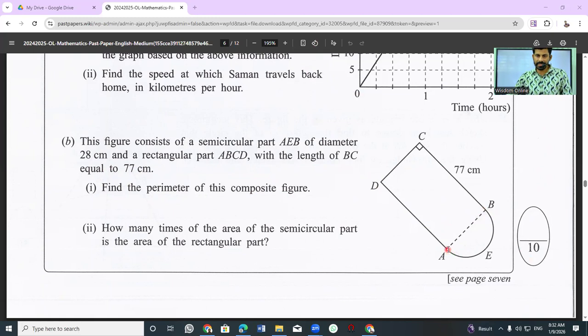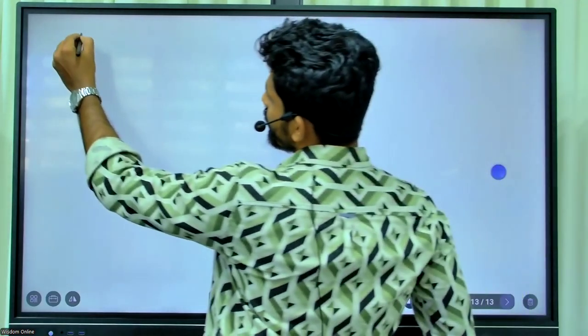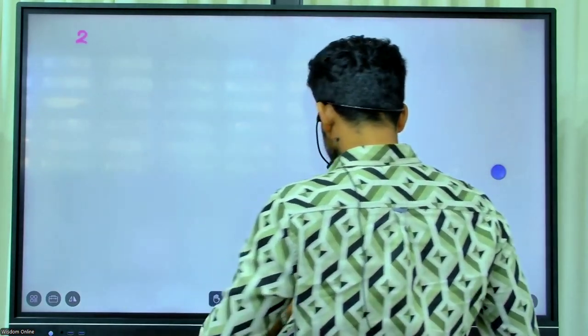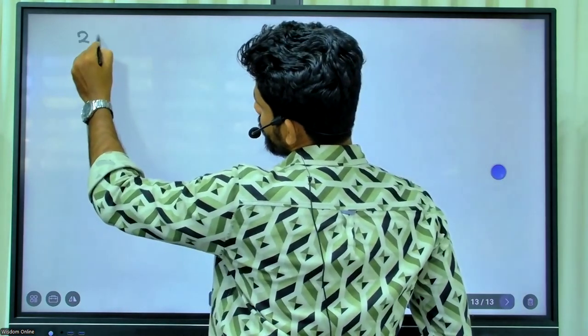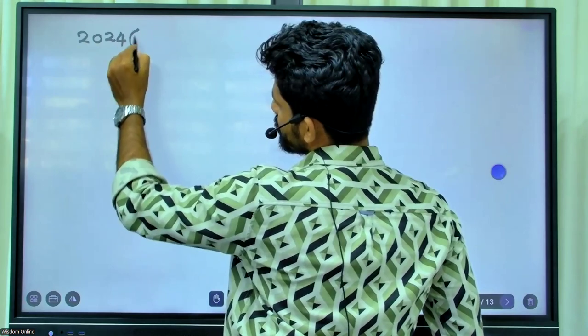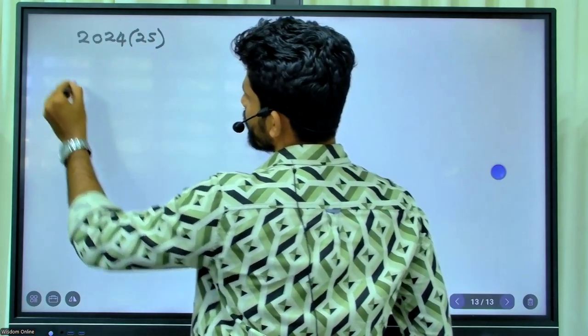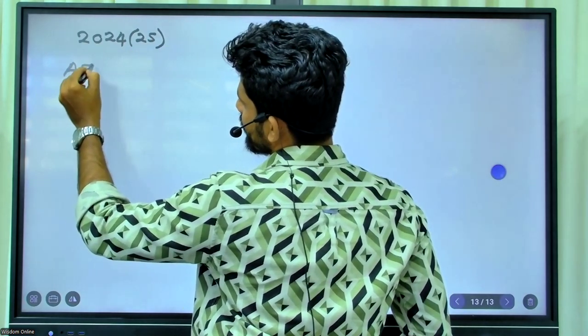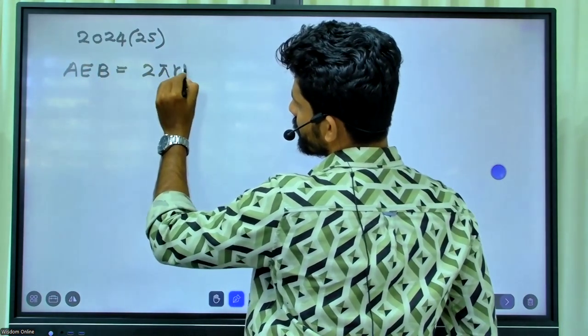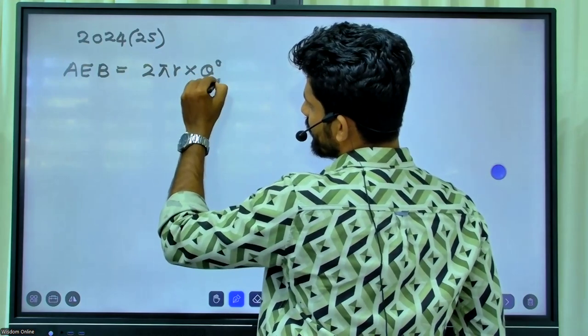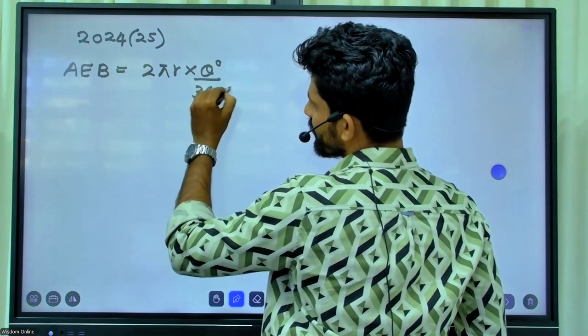First you need to find the arc length AEB. How to find the arc length AEB? Arc length AEB equals 2 pi r into theta over 360.